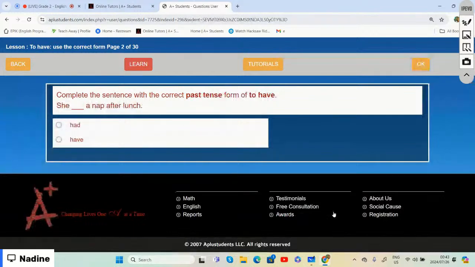She had a nap after lunch, or do we say she have a nap after lunch? Which one is correct? We need to select the past tense.